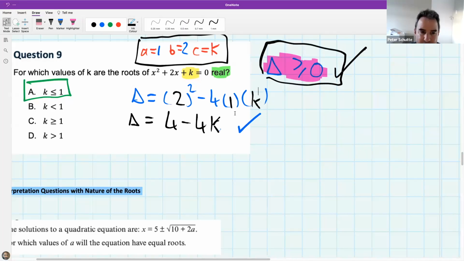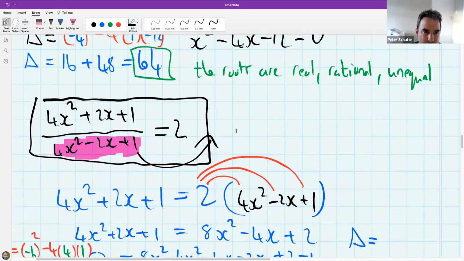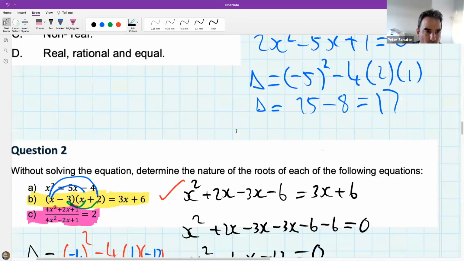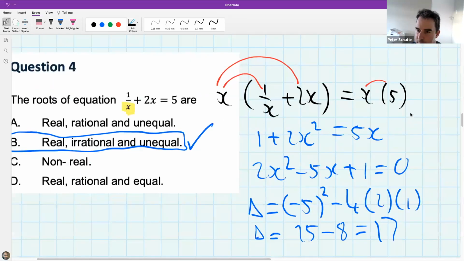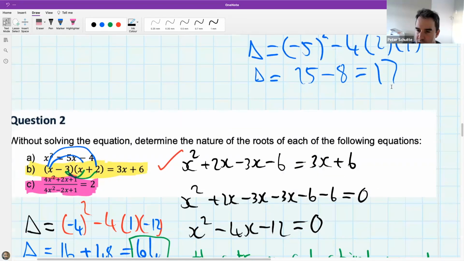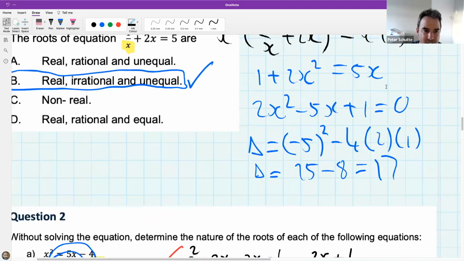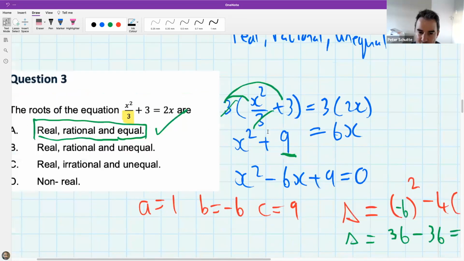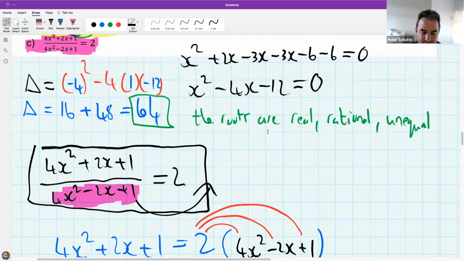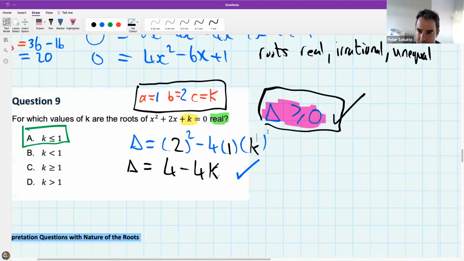If we look back today, when delta was 17, can you see that the roots were real because it's greater than 0? But when we went back to the very beginning, let's say 25, they were rational. Delta has to be greater than or equal to 0.